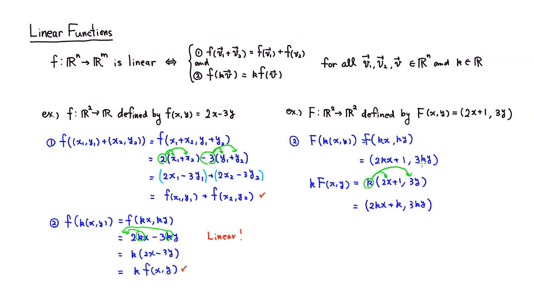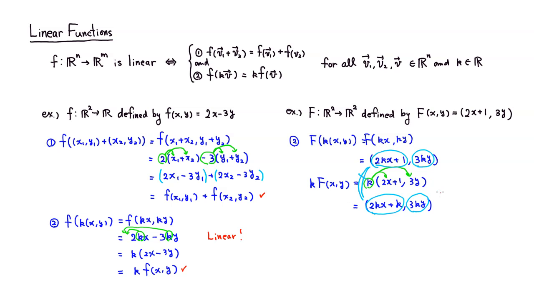You can see that the second component, there's no issue there. But you can see that here 2kx plus 1 isn't quite the same as 2kx plus k, unless k equals 1, but k should be any random number, so they're not in general the same thing.